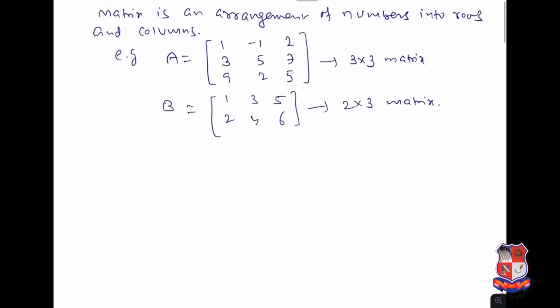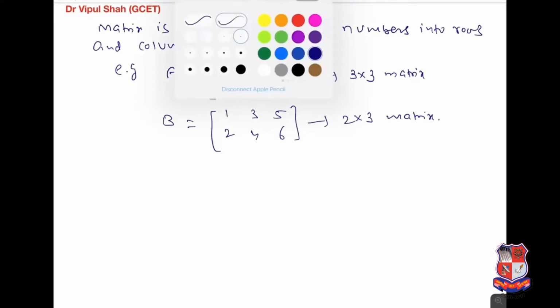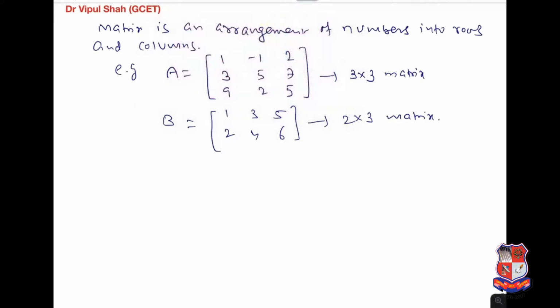Okay. Now in the matrix we have certain types of operations. So let us first introduce the concept of elementary row operations on a matrix.